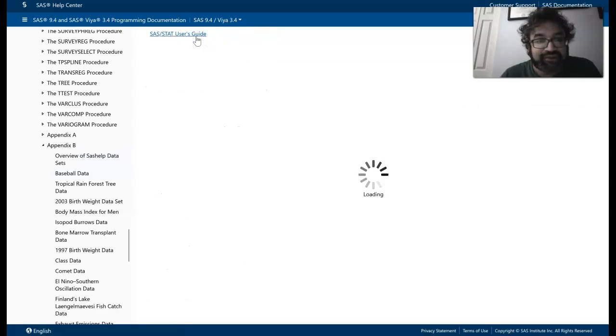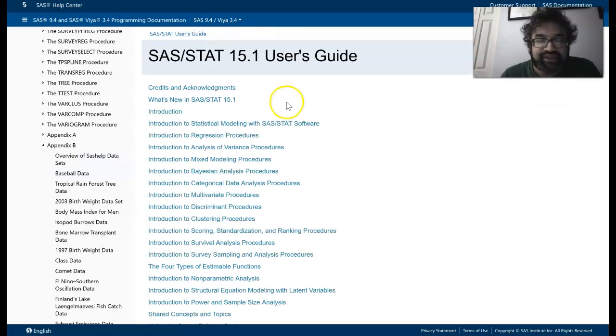Again, this is all coming from the user guide, and it has a lot of good, even statistical information.